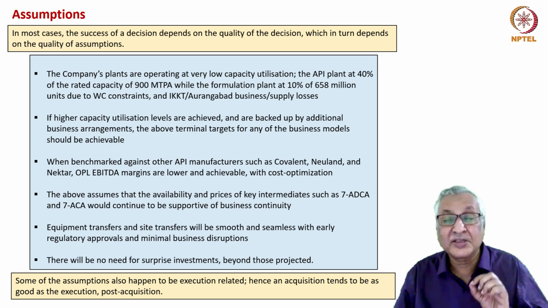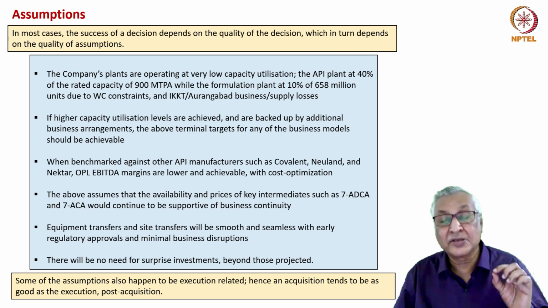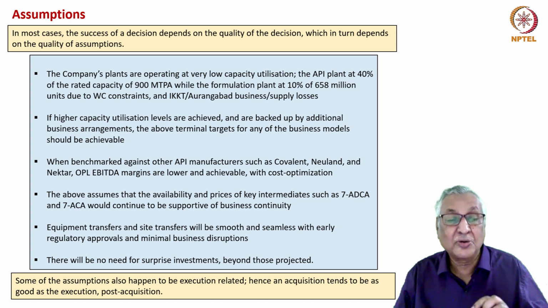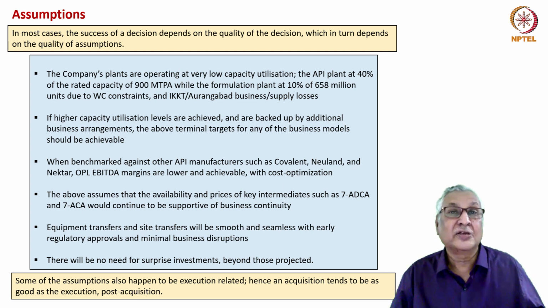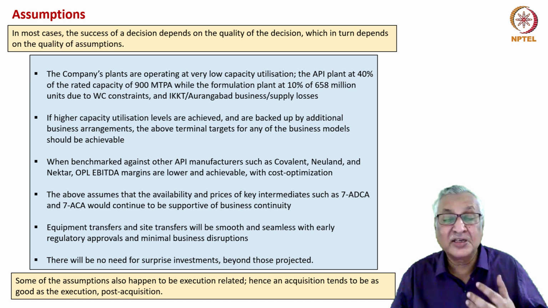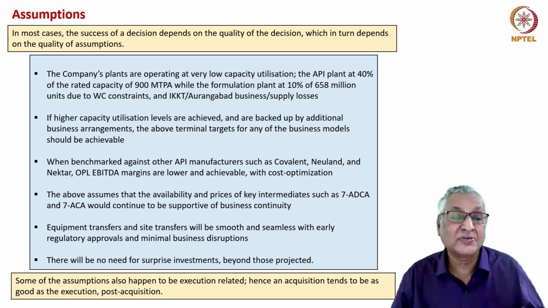When benchmarked against other API manufacturers that operate in India, API margins are lower for Orchid Pharma. Therefore, it should be possible to improve the margins based on cost optimization and technological optimization. Any revival also assumes that key intermediates such as 7-ADC and 7-ACA would continue to be available and supportive of business continuity.